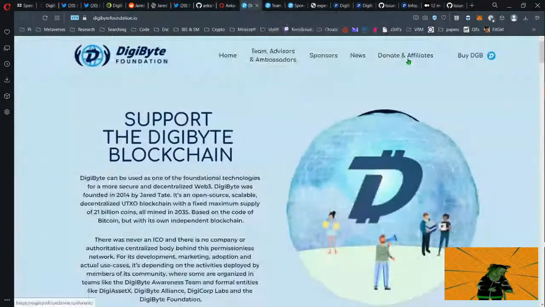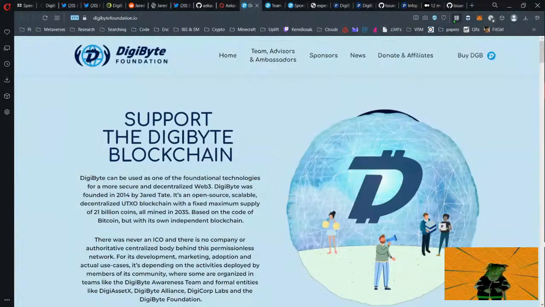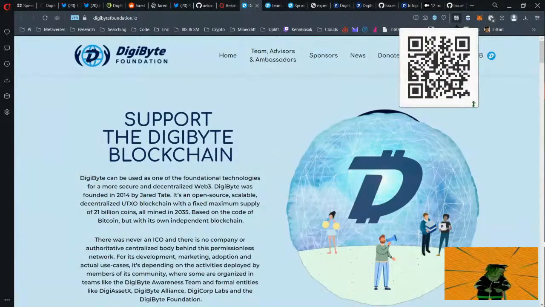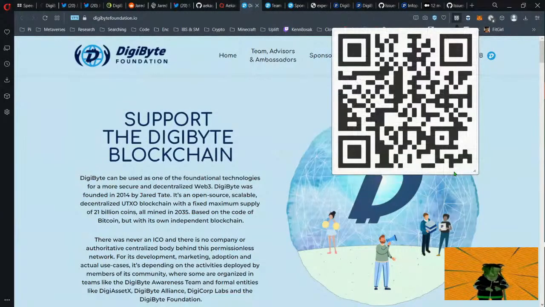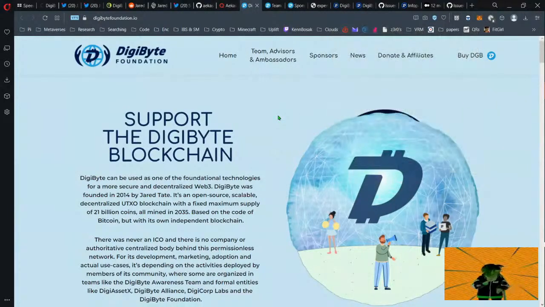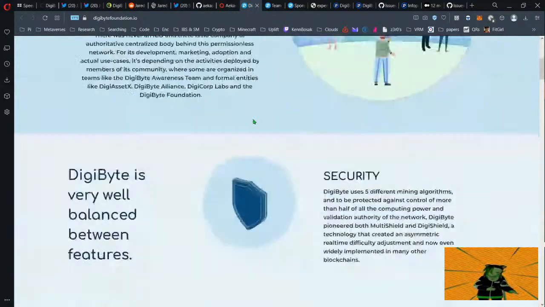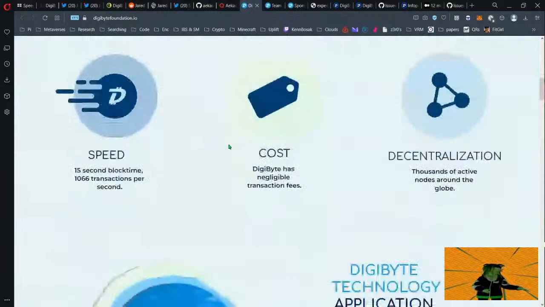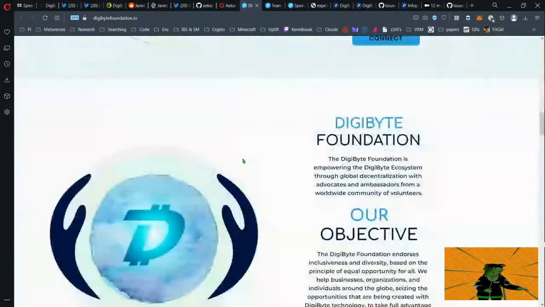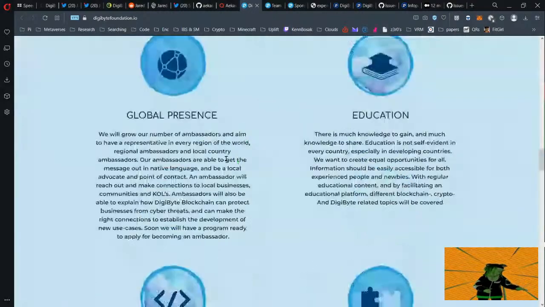There we go. So we're going to move on to another entity. Just like last time, we looked at the entities involved, not simply the people entities, but the corporation entities, anything like that. So when we go through the DigiByte Foundation, we can see that they seem to represent the cryptocurrency as a whole.